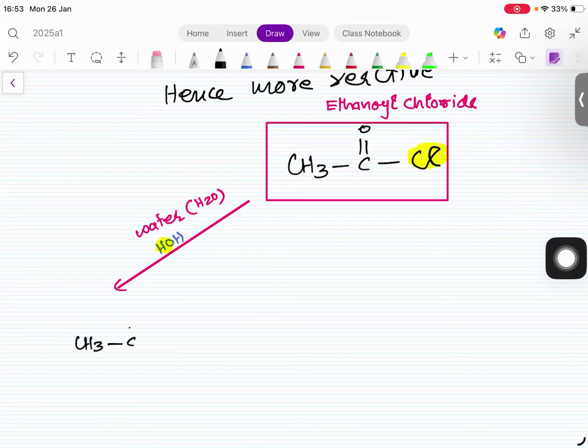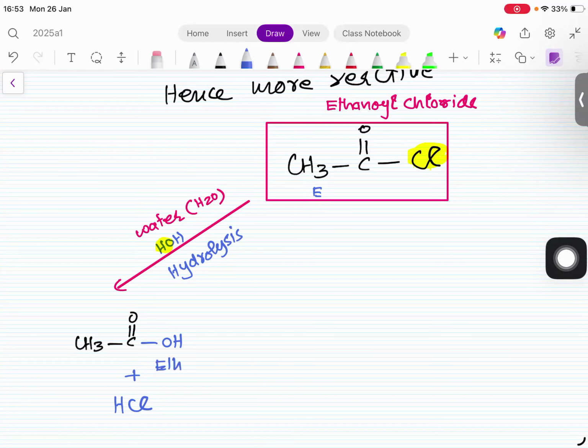So what is the product then? CH3, C double bond O, and then the OH is going to take the place. Plus this H and Cl combine to make HCl. So you see, ethanoyl chloride's reaction with water, which is also known as hydrolysis, taking place at room temperature, gives its parent compound.